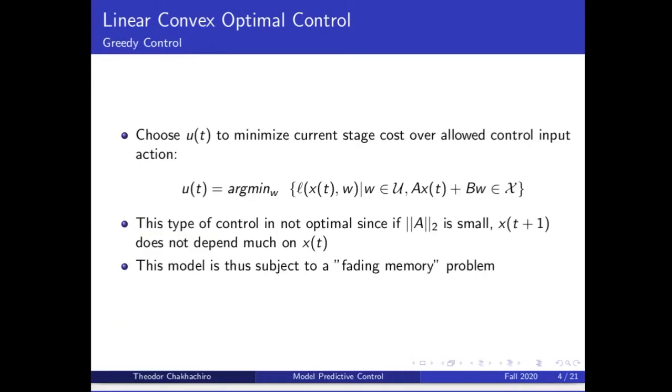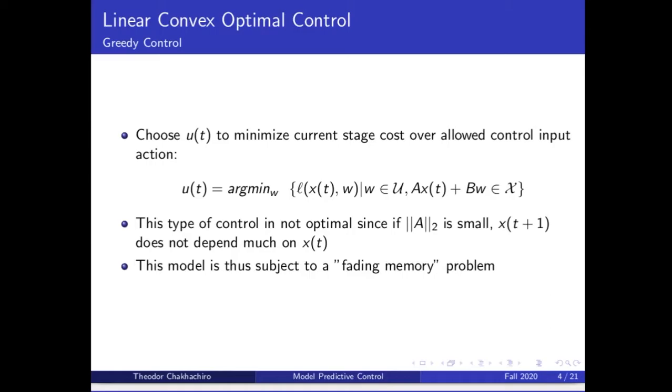In greedy control, we want to minimize the cost function that we previously defined over all control inputs that are in our script U set. Thus we choose our u of t to be the argmin of the function L of x of t comma w for all possible w's in our script U set, and we are also imposing that our future state vector x of t plus 1 should also be in our script X set.